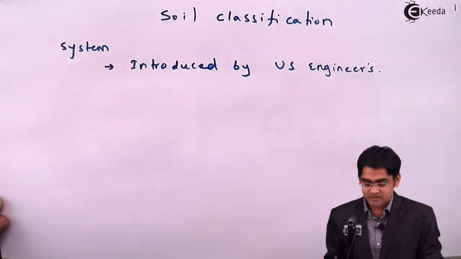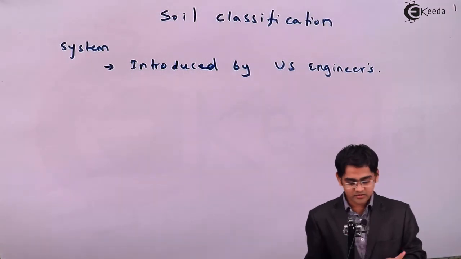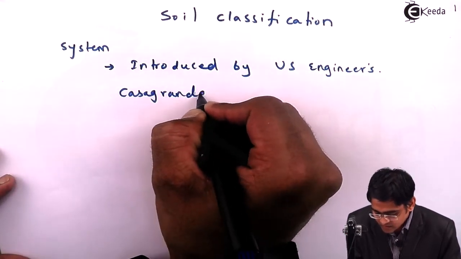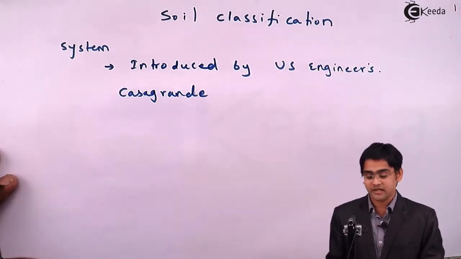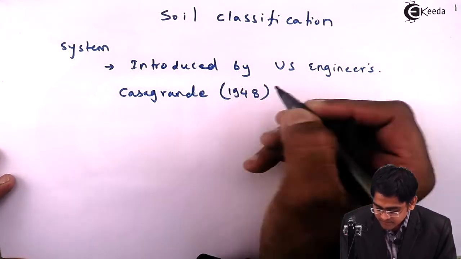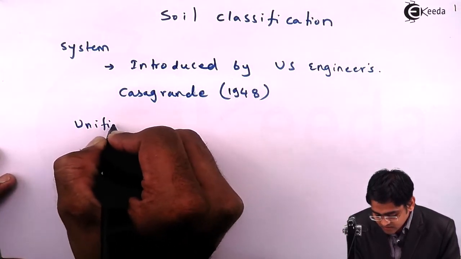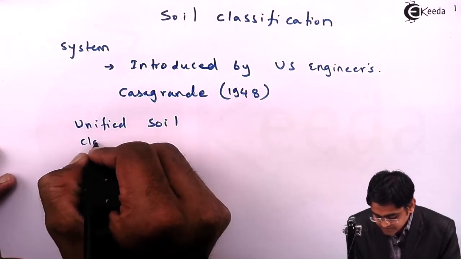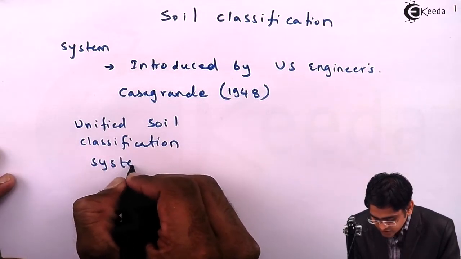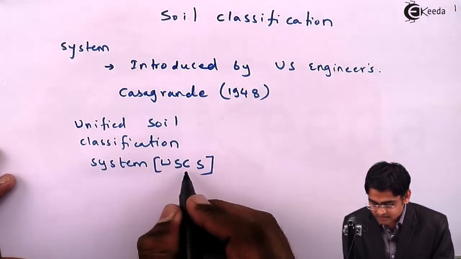The first man in the world, whose name is Casagrande, who also developed a tool to determine the liquid limit, which we have also seen in our previous classes, in 1948 developed a system called the Unified Soil Classification System, in short known as USCS.